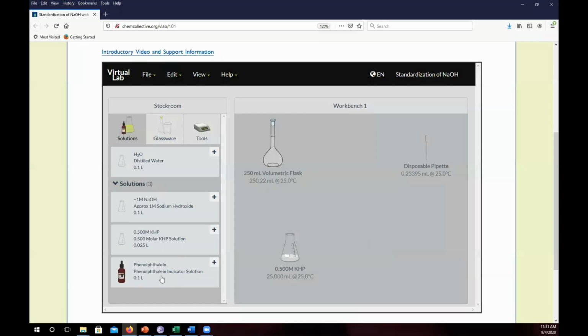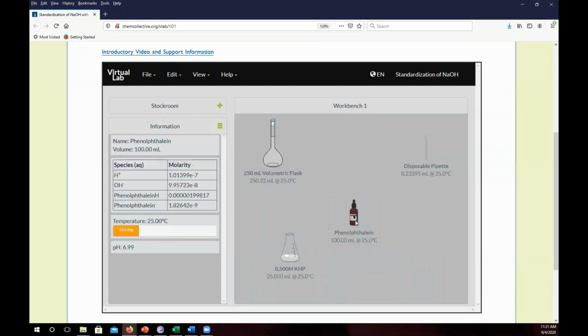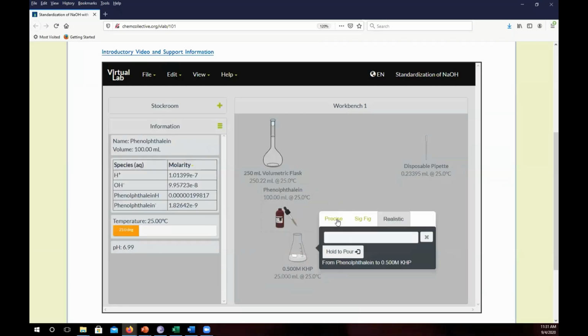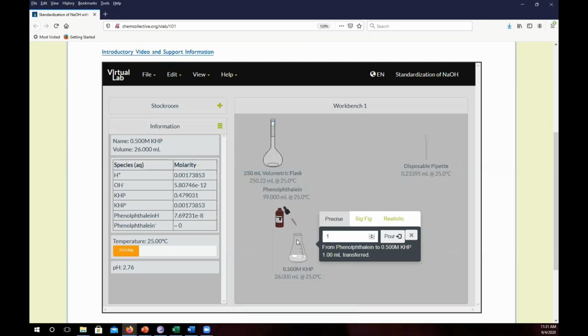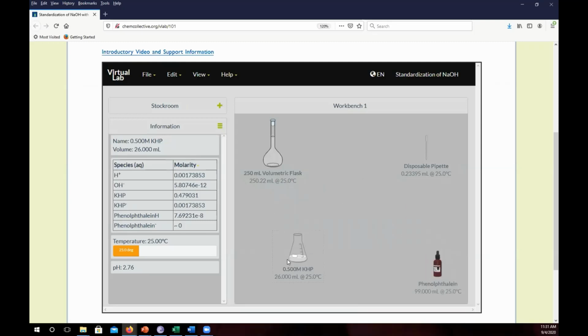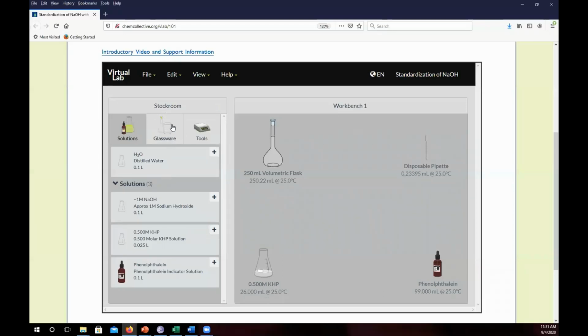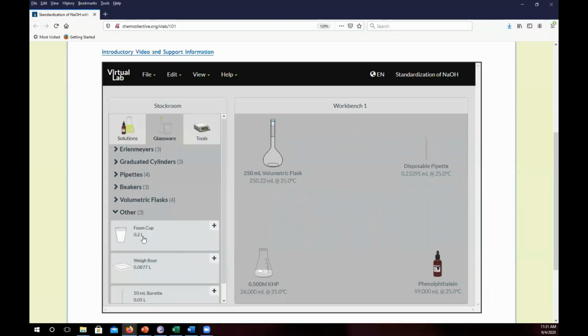The indicator is phenolphthalein, which you can add 1 milliliter to the potassium hydrogen phthalate solution. You will also need a burette, which is listed under Other.